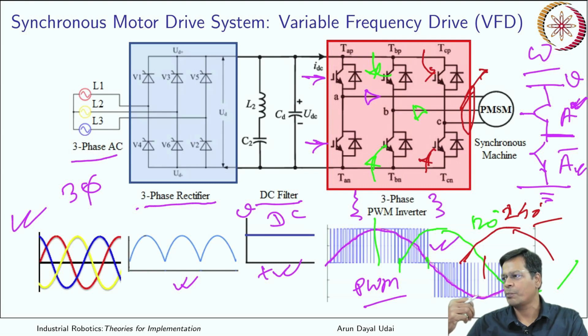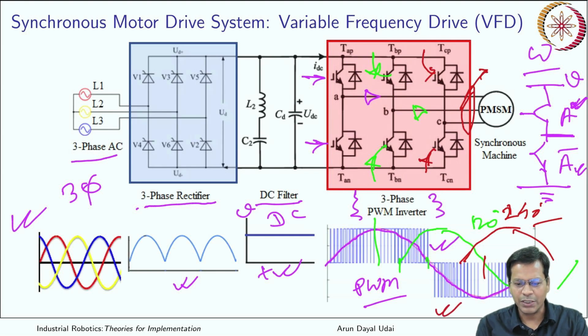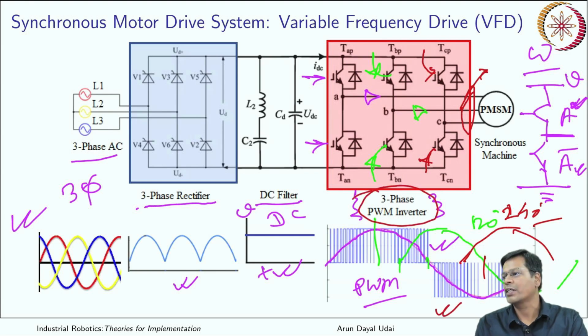So what is the beauty over here is you have full control over the signal that is input to this PWM inverter. So this inverter now can generate the frequency of our requirement. The AC which is fed to this motor ultimately is controlled.